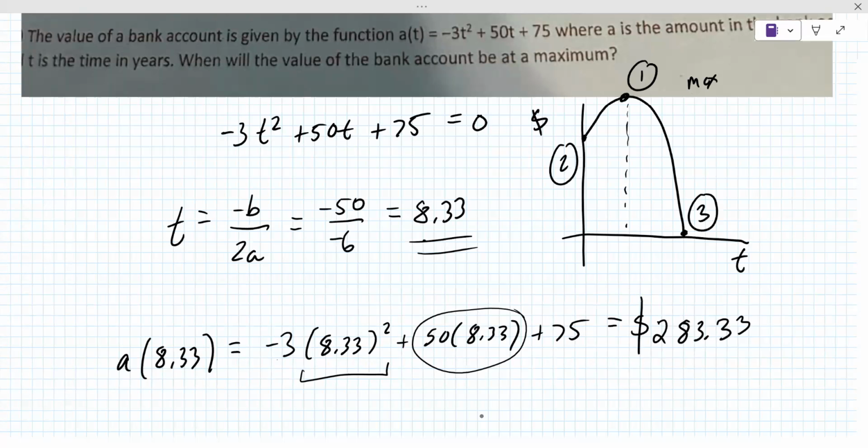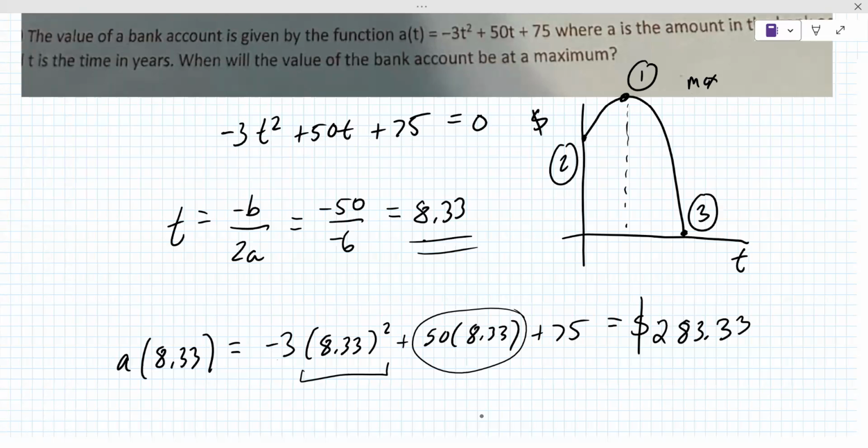Let me see if I can find my scientific calculator first. Here it is.